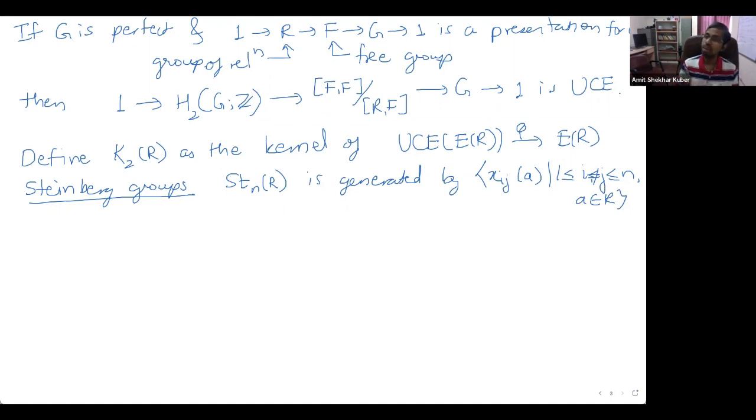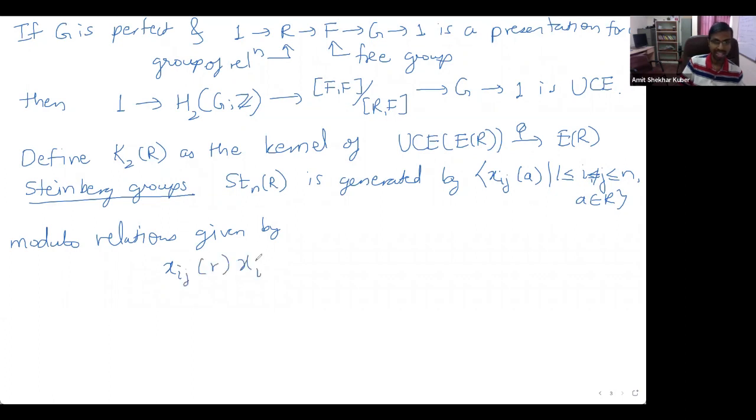So we have similar kinds of generators, modulo relations. These relations are exactly the same relations that we wrote last time. The only difference is that we are not talking about xij as certain matrices, as elementary matrices. We are just talking about abstract generators and these relations.